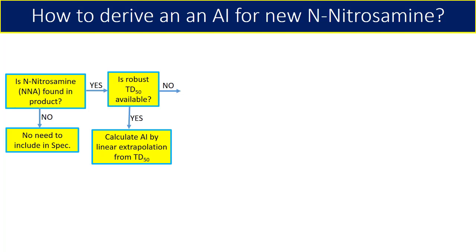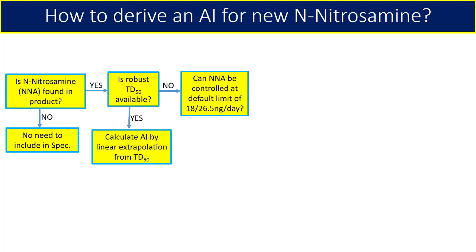But in case the robust TD50 value is not available, then here is the approach. Can N-nitrosamine be controlled at the default limit of 18 nanogram per day, which is defined by the EMA as a threshold for the nitrosamine group of compounds, or 26.5 nanogram per day as defined by US FDA?